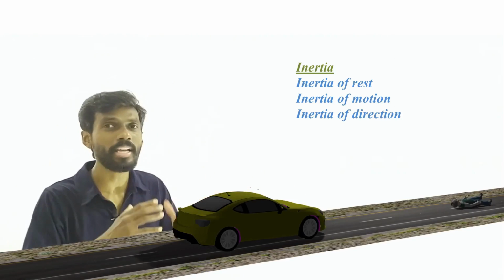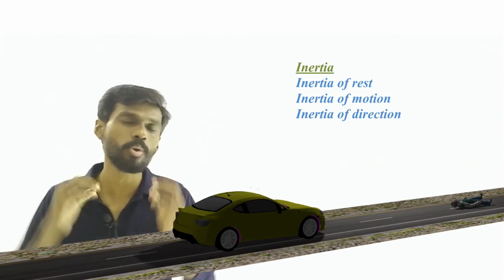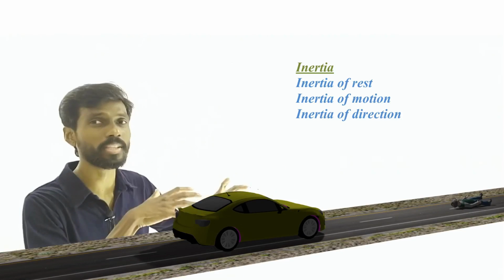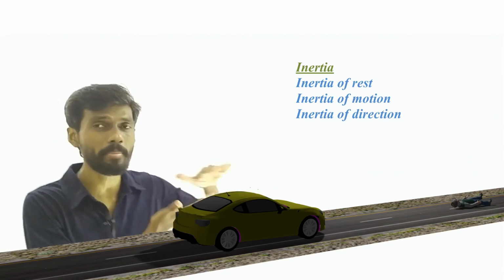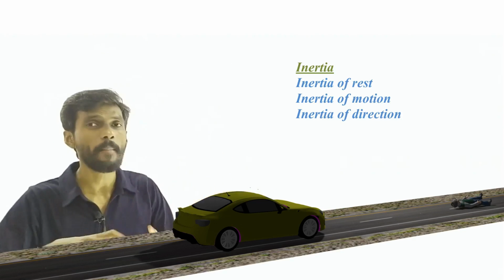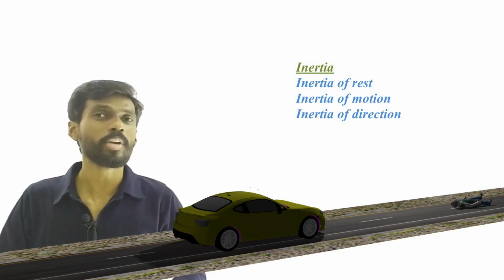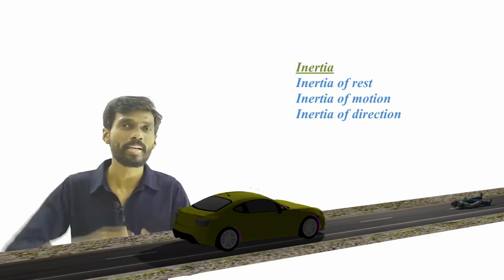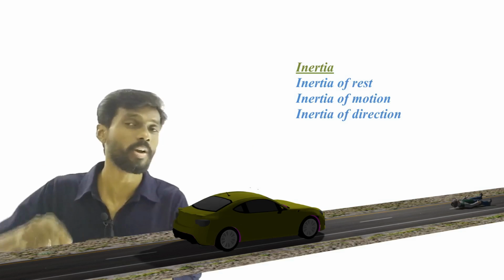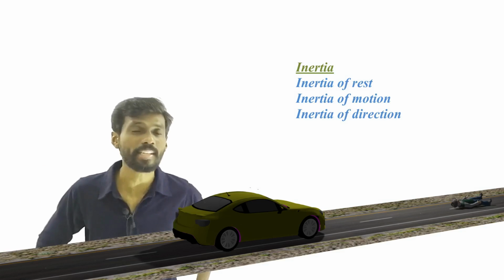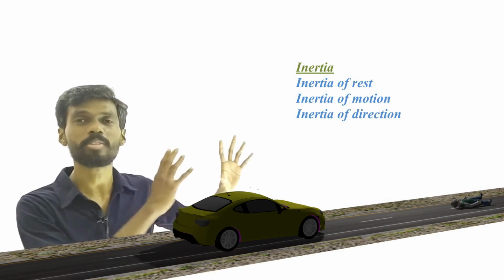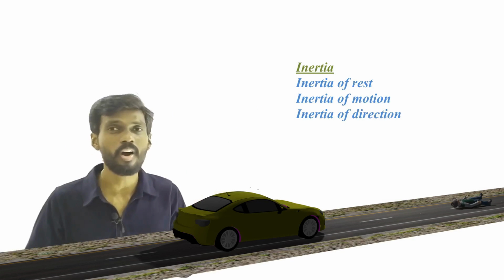He is already in motion, so he continues to be in motion. If there was enough friction between him and the car, he would have stopped along with the car. But there is not enough friction, so he continues in the same direction while the car has stopped. So this is inertia of motion.